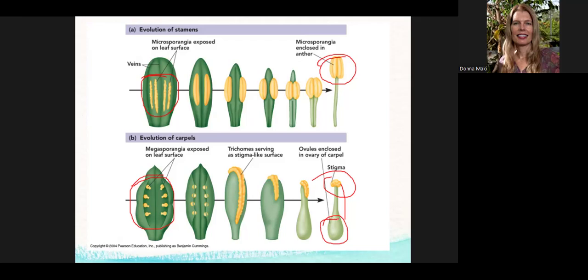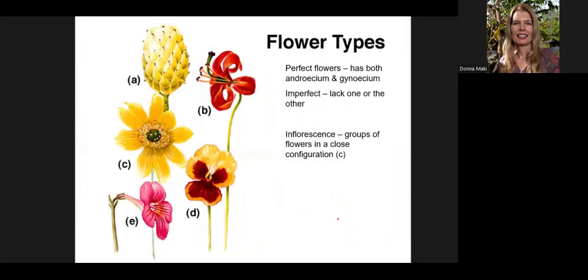So, okay, there's over 250,000 species of angiosperms, so lots of flower design out there. Obviously we're not going to get into huge detail on that, but do know the difference between perfect and imperfect. A perfect flower has both male and female parts.